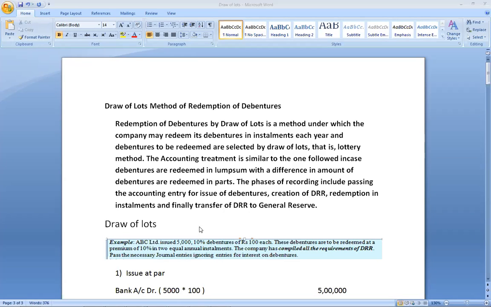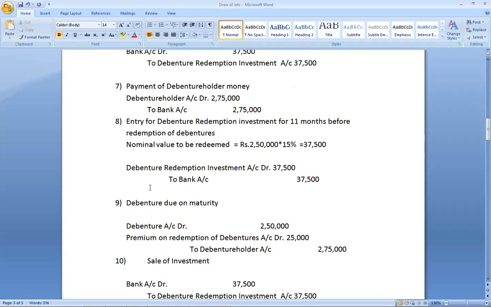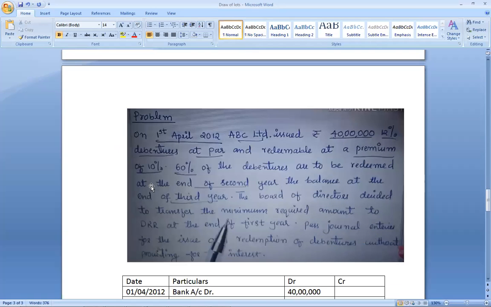Today we will be doing the second sum on draw of lots. This is sum number 2.